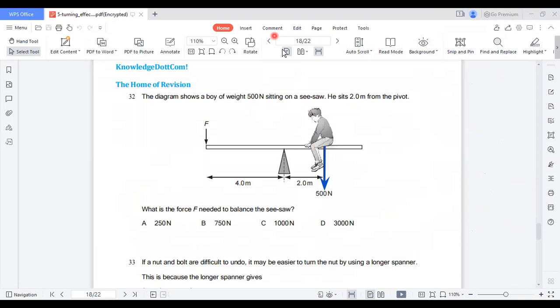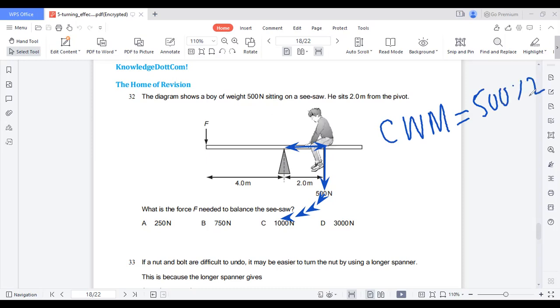So 2 meters is the distance and 500 Newton is the force. Possibly you can say there is a clockwise movement like this. So how much is the clockwise movement? 500 times 2 is 1000.